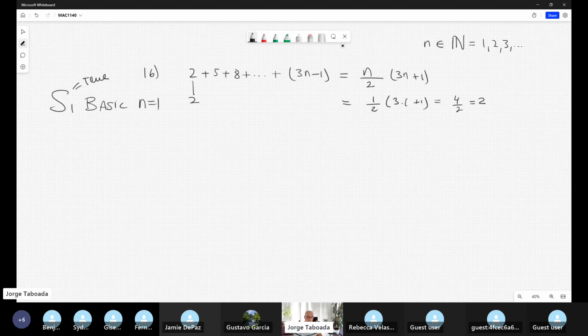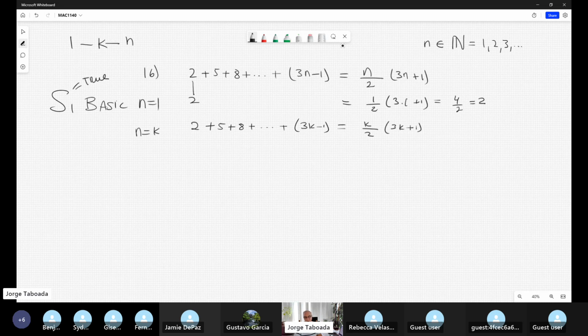Now suppose n equal k. You copy the same: 2 plus 5 plus 8 plus and so on plus 3k minus 1 equal k over 2 times 3k plus 1. And remember, the idea behind this is k is an intermediate value. Suppose 1 to n and k is in the middle.